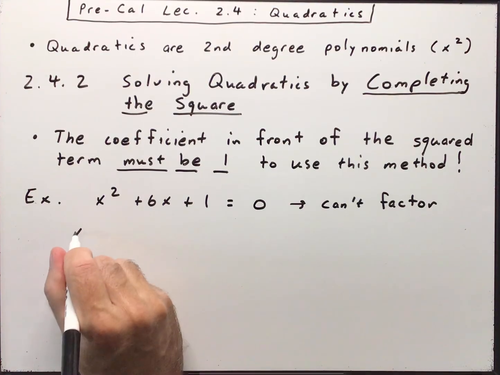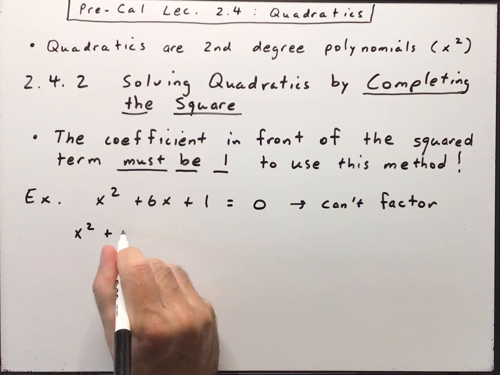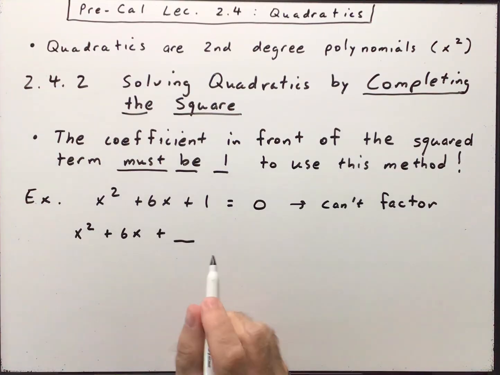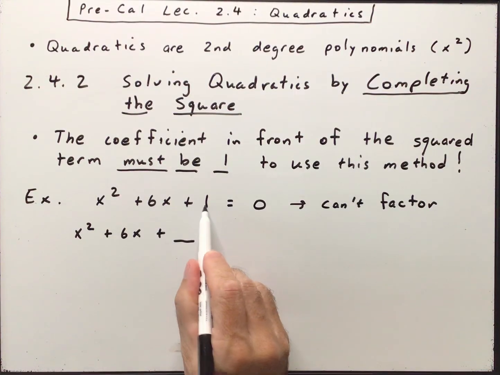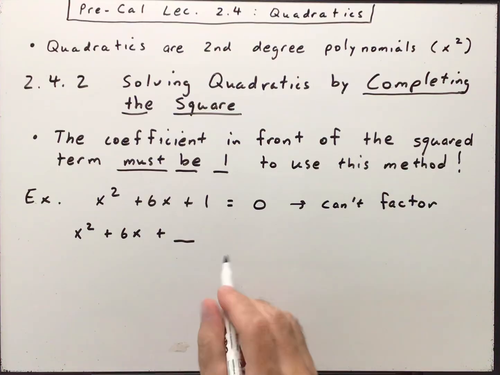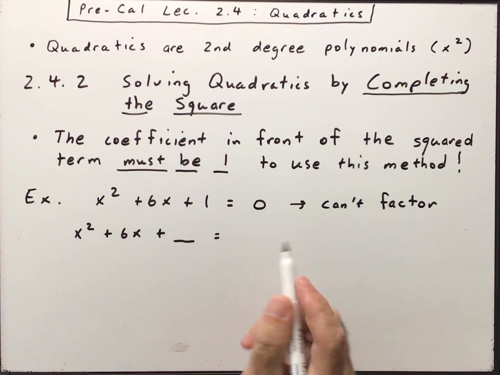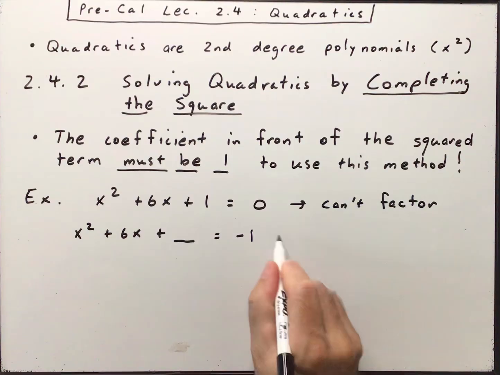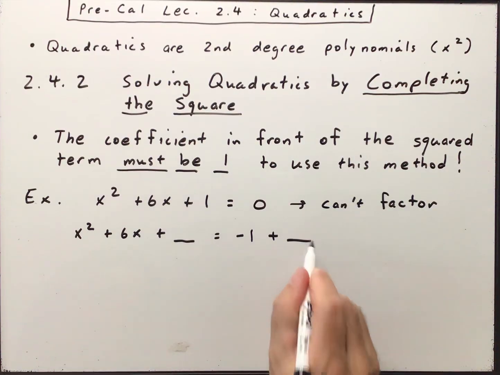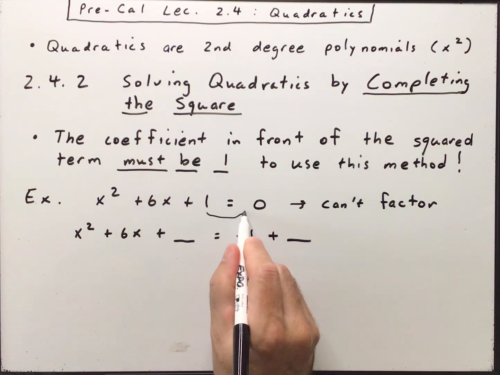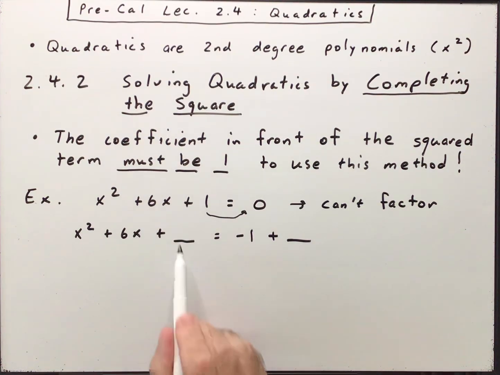I want you to write x² + 6x + blank. And then we're going to move the 1 to the right side. We have to make it negative, right? We have to change the sign. Is equal to −1 + blank.